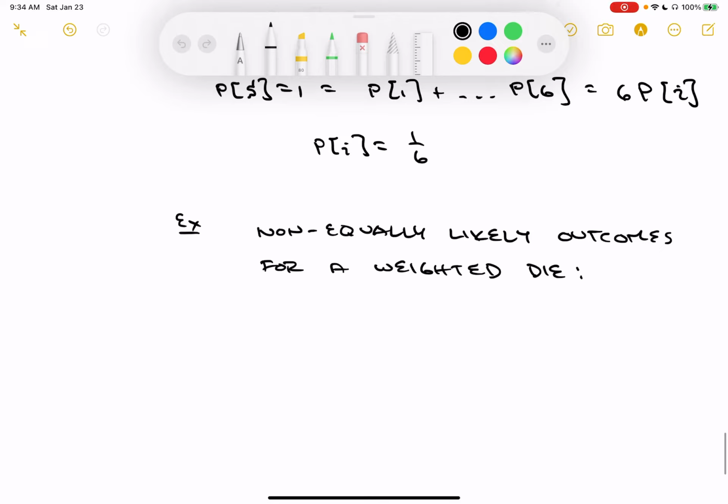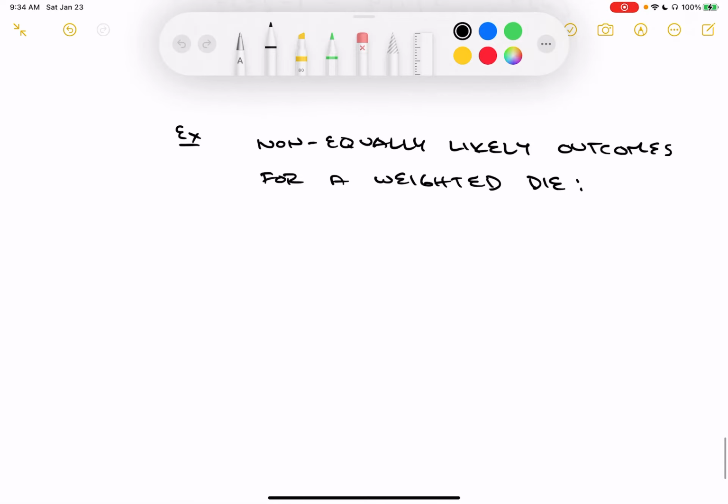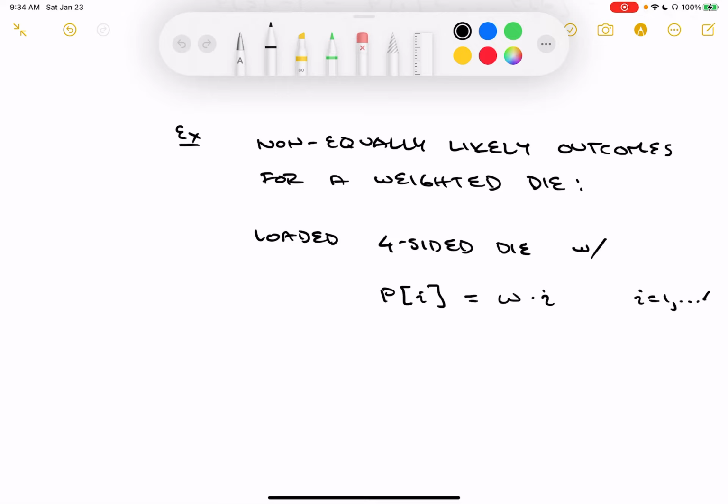I need some idea about how it's weighted, so let's look at what is called a loaded 4-sided die, with the probability of getting i dots, where i goes 1 through 4, equal to some number, I'm going to call it w times i. In other words, the probability of whatever face you see is proportional to the face. A 1 is less likely than a 2, which is less likely than a 3, which is less likely than a 4.